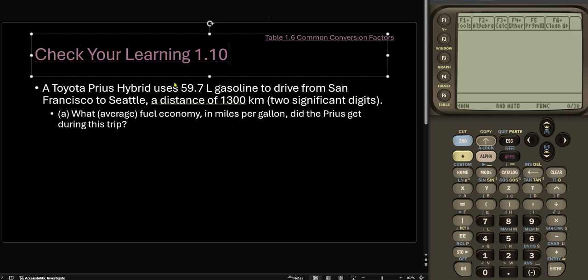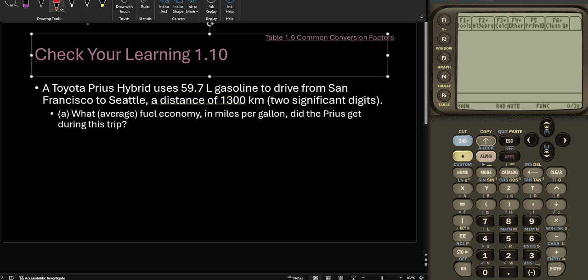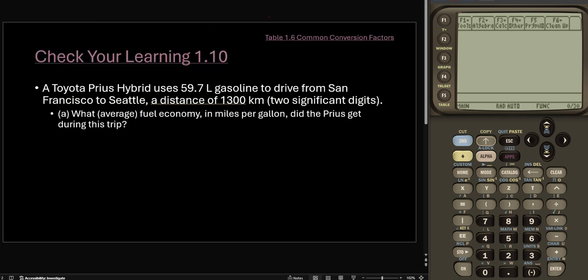So we know that we have 59.7 liters and traveled this distance, 1,300 km. So we need to convert. So those are our knowns, right? Our unknown: we need to convert this liter to gallon, and then we need to convert the kilometer to miles.